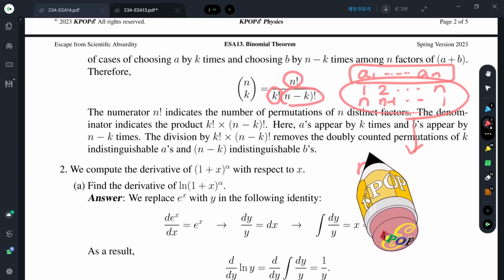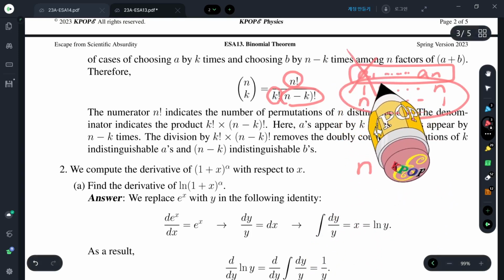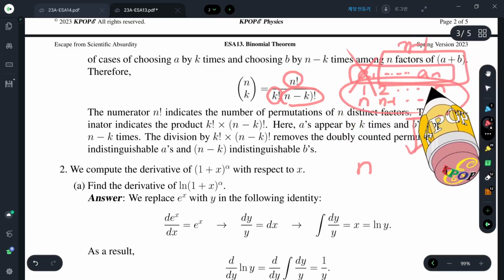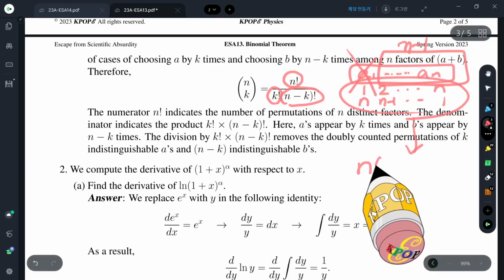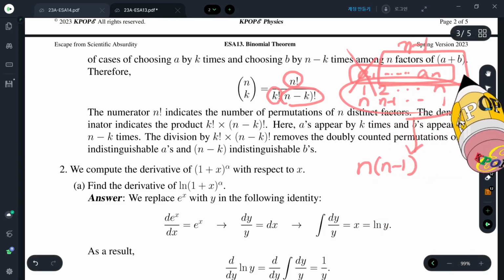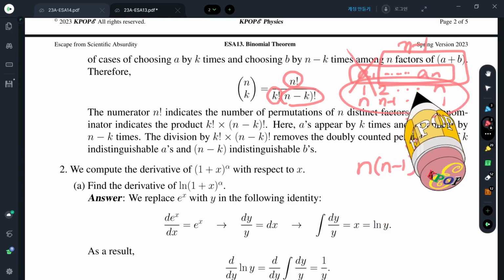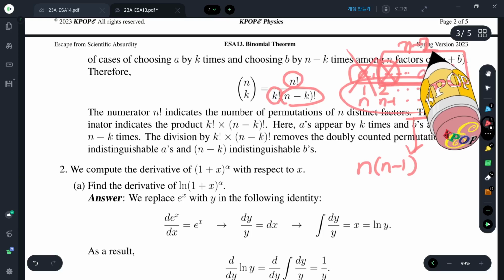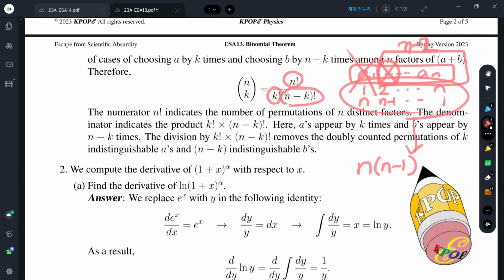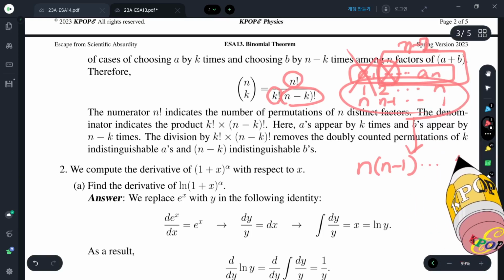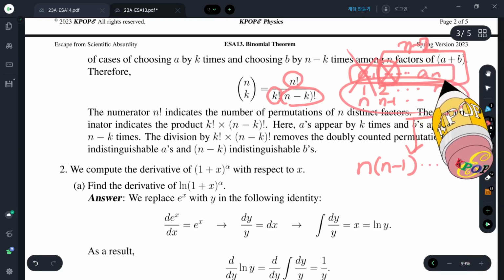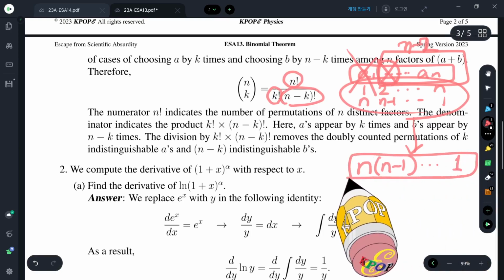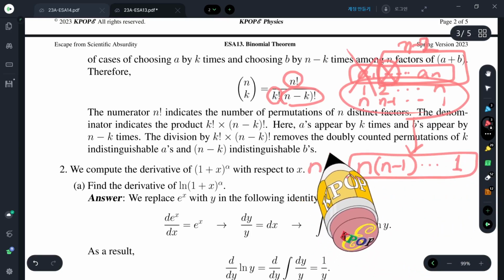If I have chosen a single element, then I'm left with n minus 1 elements. Then I can choose among n minus 1 of them. And once I choose another element, the remaining elements are n minus 2. In such a manner, I end up with the last element, and then there's no other case. So this is called n factorial.